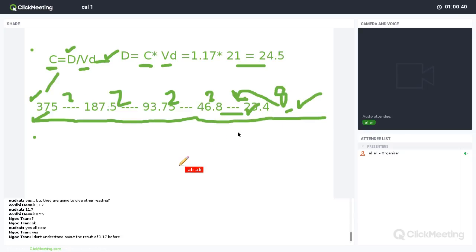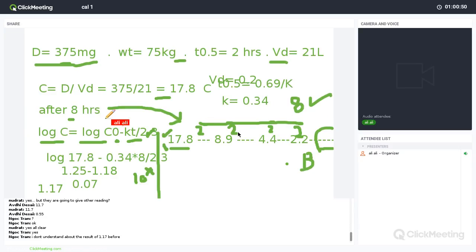Yes, the 117. Okay, it's the same here. We started with the initial plasma concentration. Then we go through a series of periods of half-life till we reach the needed time, which is 8 hours.